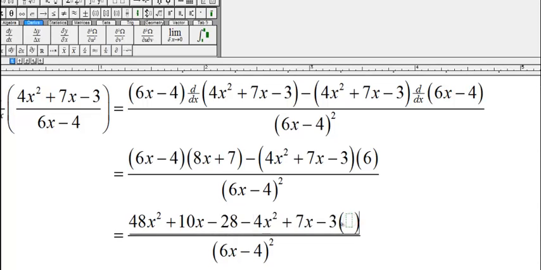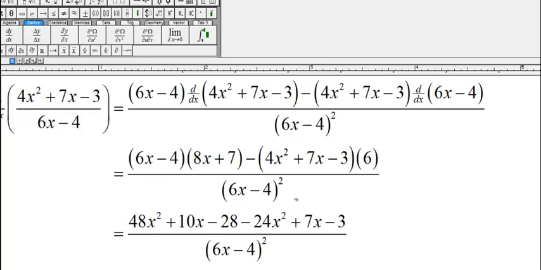Let's see what we get here. We're multiplying all these by negative 6. That was a positive 4x squared. Now negative 6 times that is negative 24x squared. Negative 6 times positive 7 is negative 42, and that's times our x. And negative 6 times negative 3 is positive 18.